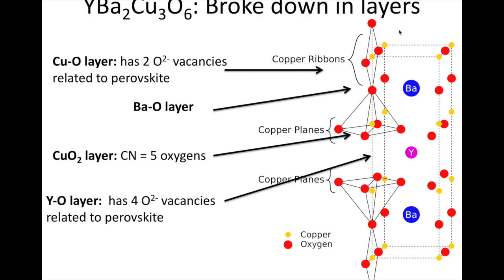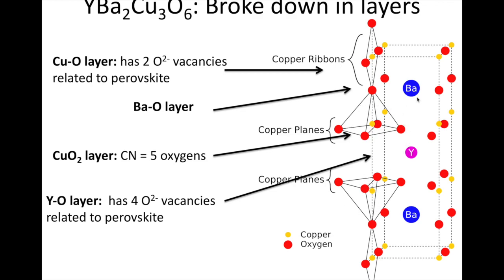We have these more ribbon-like clusters where we have a central copper surrounded by 4 oxygens. And then we also have these copper planes where it's coordinated by 5 oxygens. So we have 2 different types of copper regions in the structure.